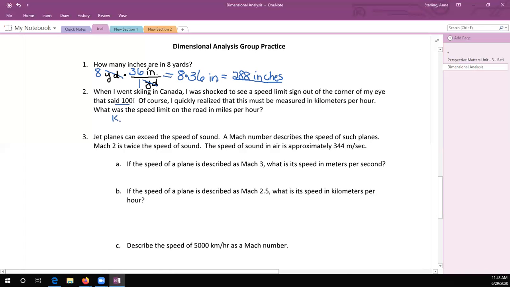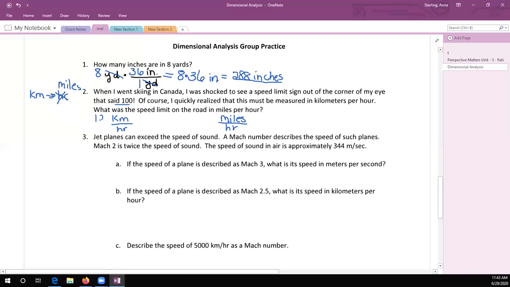So I'm going to write kilometers per hour. And our goal is we're trying to get miles per hour. So the hours are already fine. So we need to convert kilometers to miles. Sorry, kilometers to miles. And we do have a conversion for that.